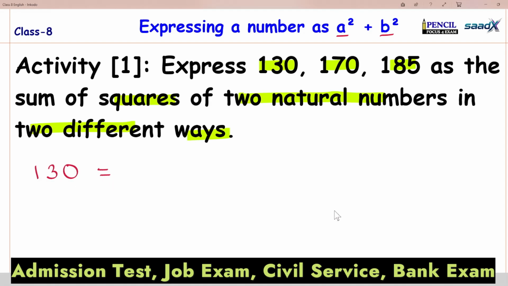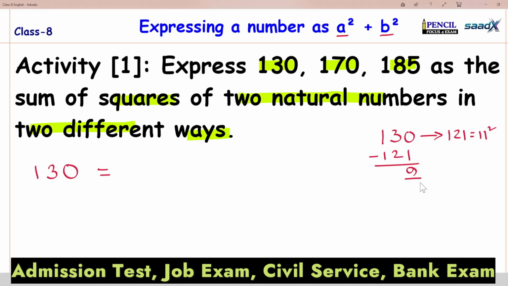So we have to find a trick: which number is the nearest perfect square of 130? This is 130, and the nearest perfect square is 121, which means 11 square. Then how much do we need? 130 minus 121 is 9.